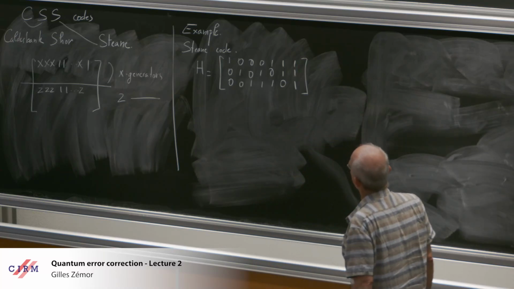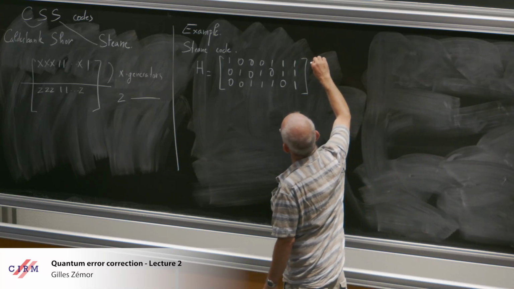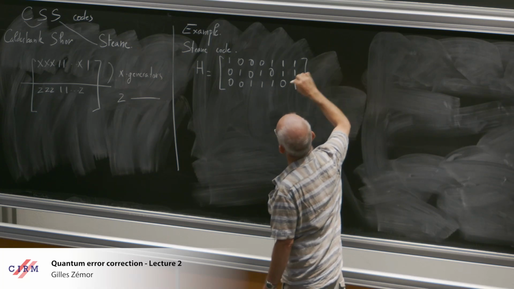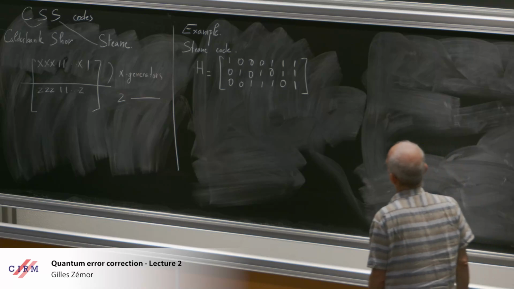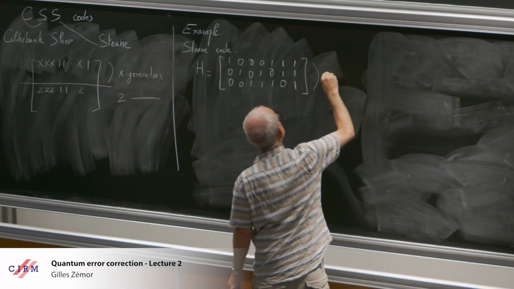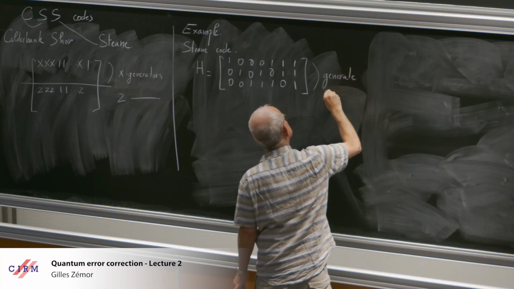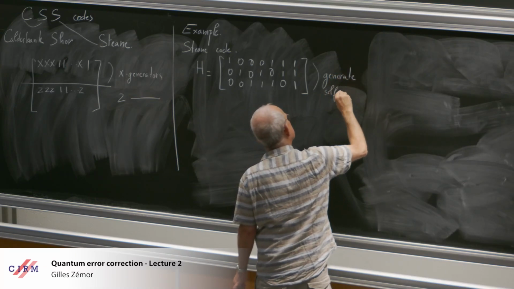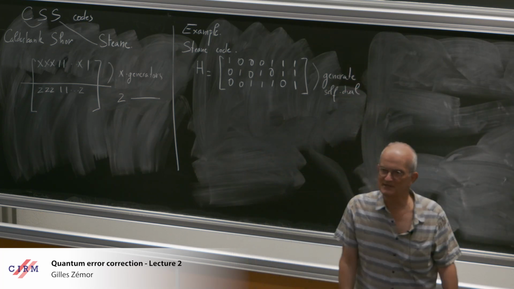And if you look closely at this code, you can see that the supports of code words meet in an even number of positions. So these rows generate a self-orthogonal classical binary code.